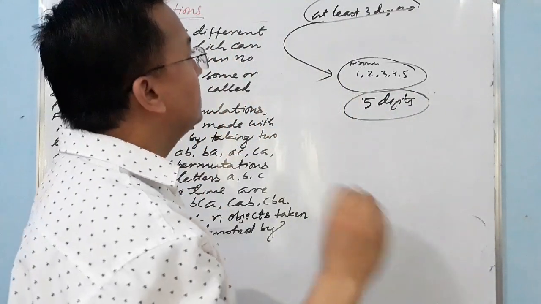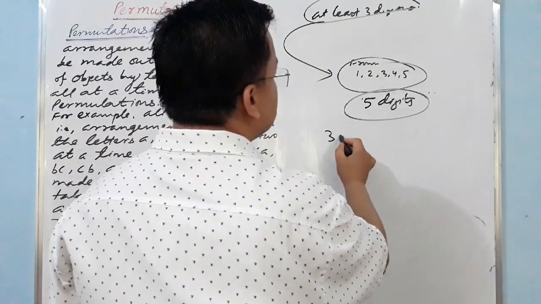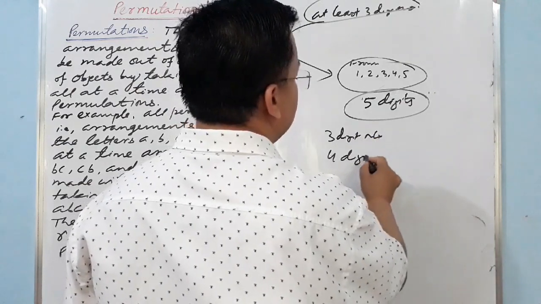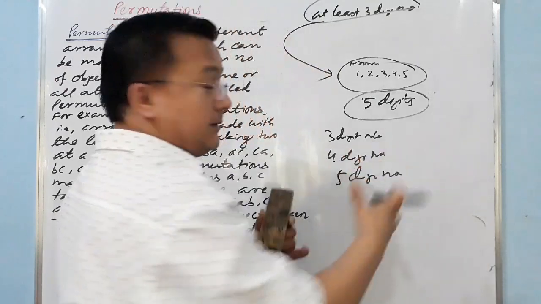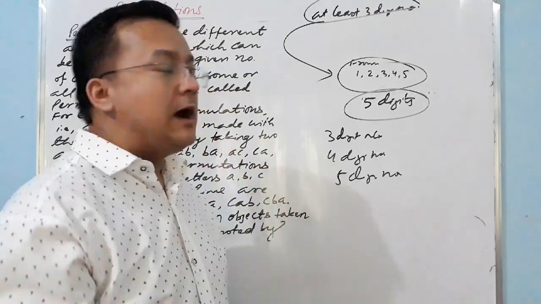Now we want to make at least a three-digit number. At least three-digit means we have to make three-digit numbers, four-digit numbers and five-digit numbers, because we have a maximum of 5 digits, so we can make up to a 5-digit number.